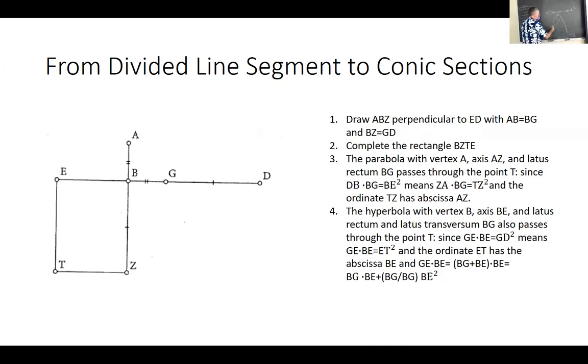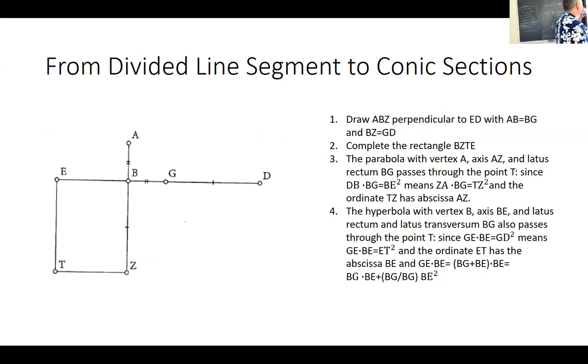The claim is that T also lies on that hyperbola. It's going to lie on it if the ordinate squared equals the latus rectum times the abscissa plus the ratio of the latus rectum to the latus transversum times the abscissa squared, I believe.